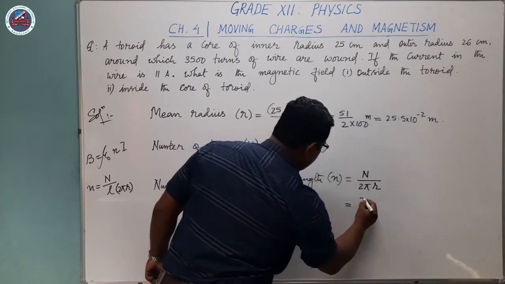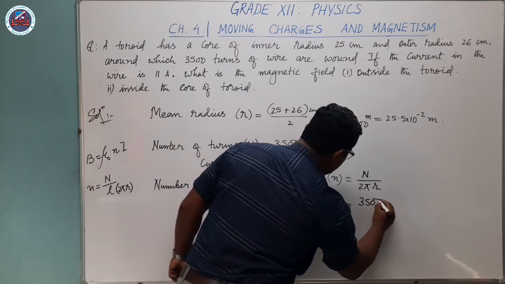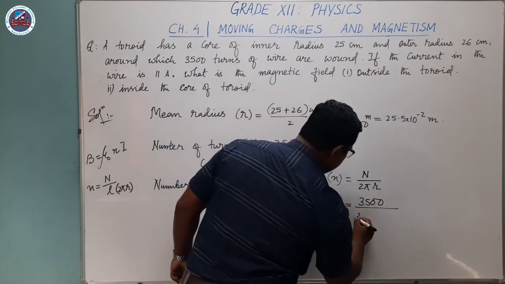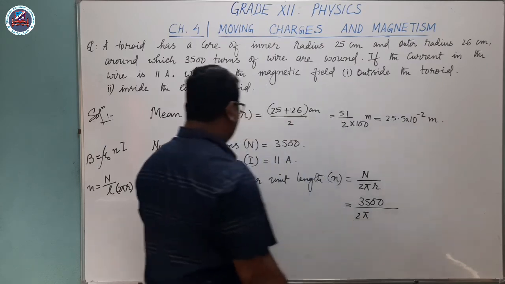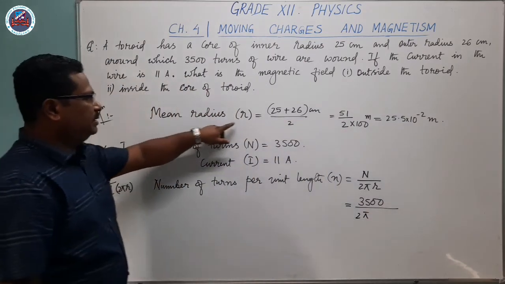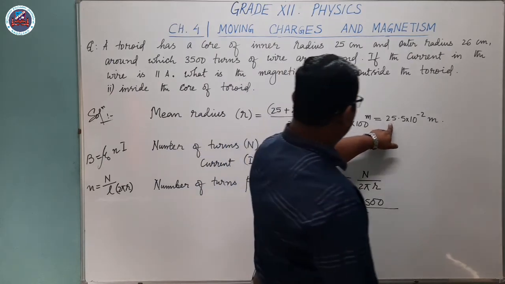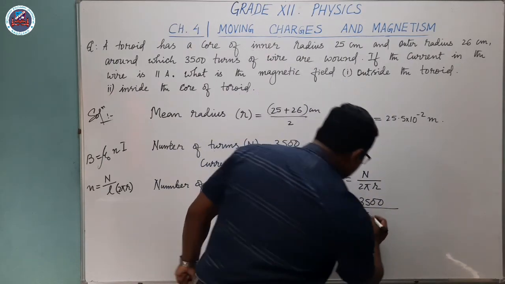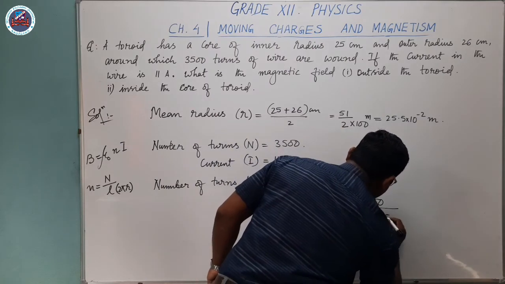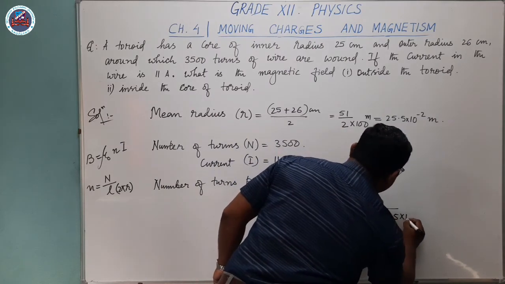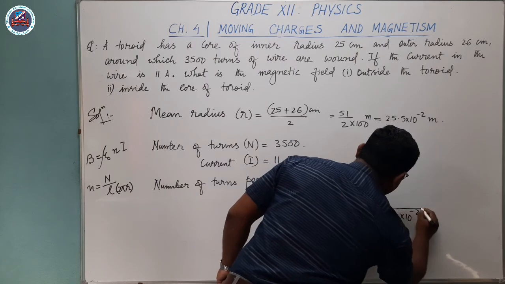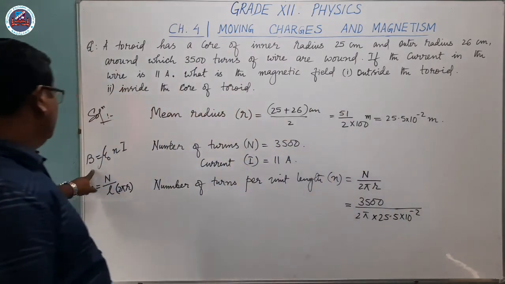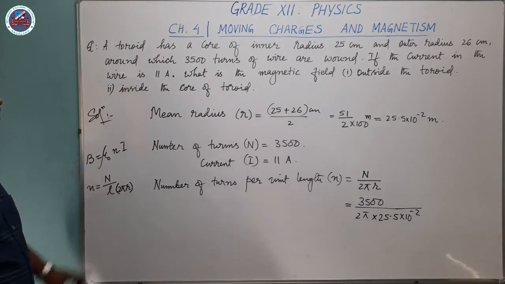Here N is 3500 divided by 2 pi, and the radius, the mean radius, is 25.5 into 10 to the power minus 2. This value we'll use to find the magnetic field inside the toroid.